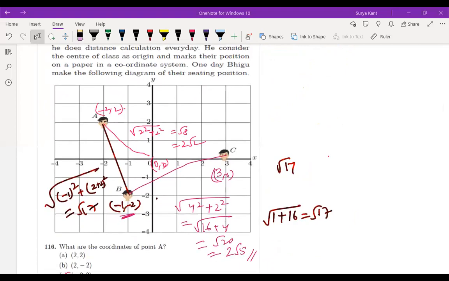Coordinate geometry, once triangles, after the triangles is there. Pair of linear equations in 2 variables, then triangles, then coordinate geometry.